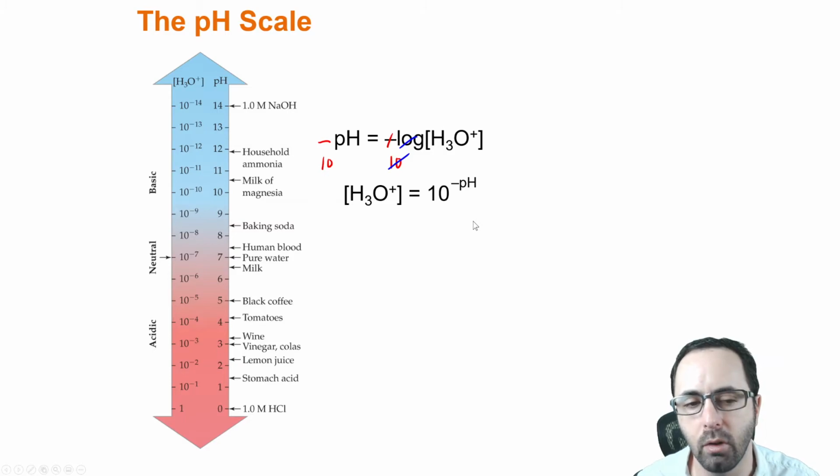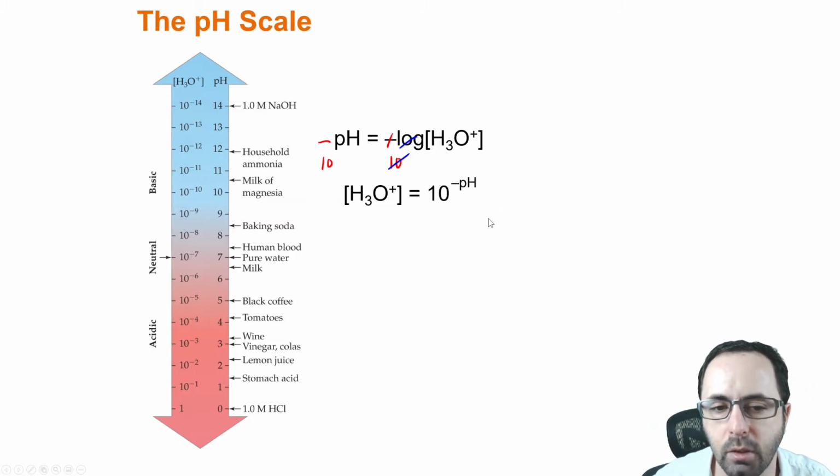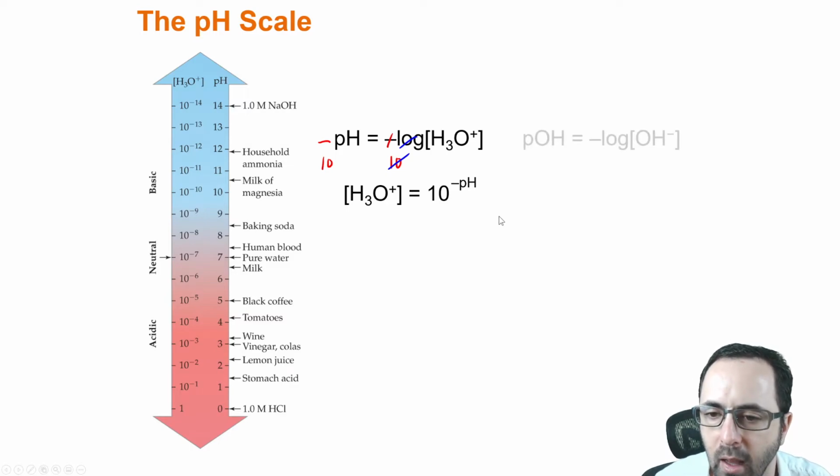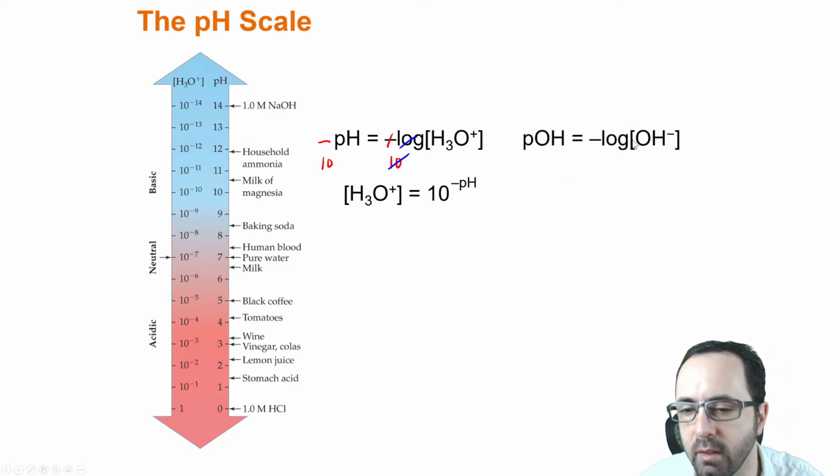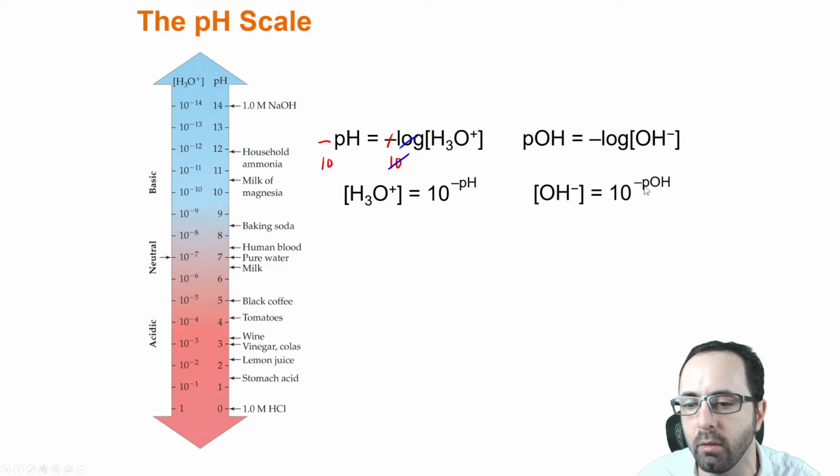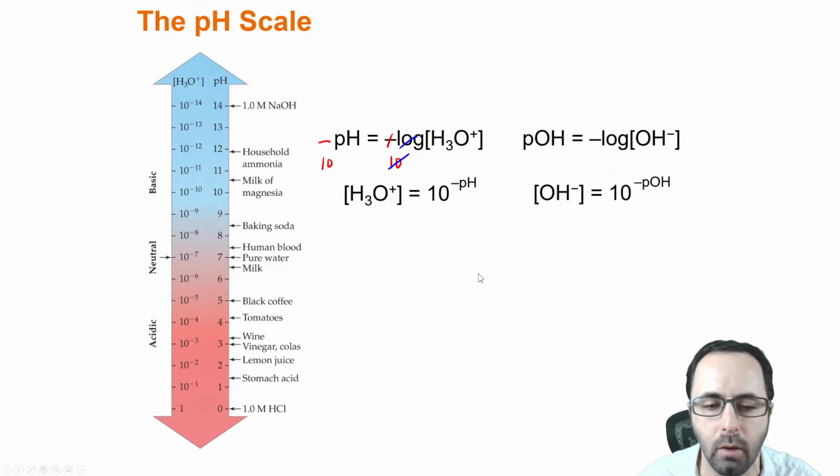You guys have your log rules pretty well down, hopefully by now, and so you could determine that yourself. Likewise, there's a value called pOH, which is the negative log of hydroxide, and you can do the same thing to get that the hydroxide is the anti-log of negative pOH, or 10 to the minus pOH.